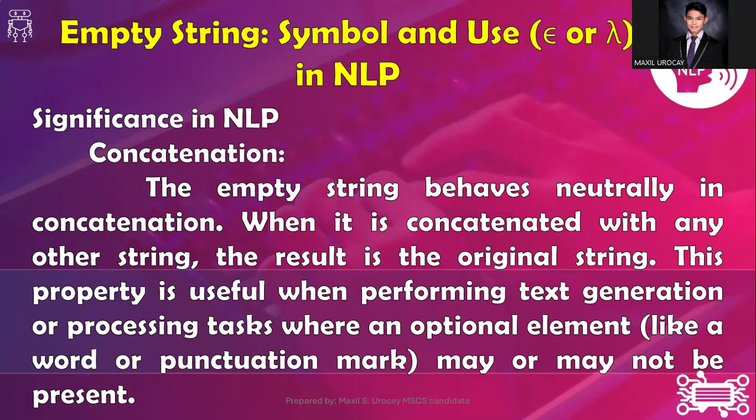So in NLP, when the empty string is concatenated with another string, the result is still simply the original string. For example, if Sir Max is concatenated with epsilon, of course it will still be Sir Max. So that's how it works.